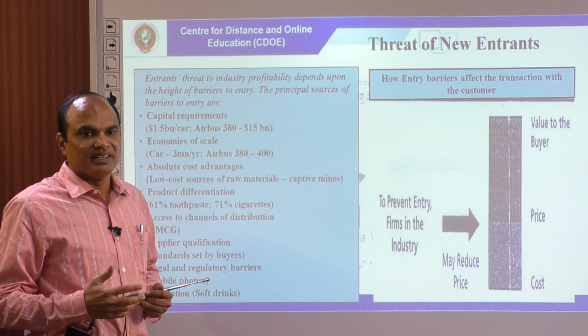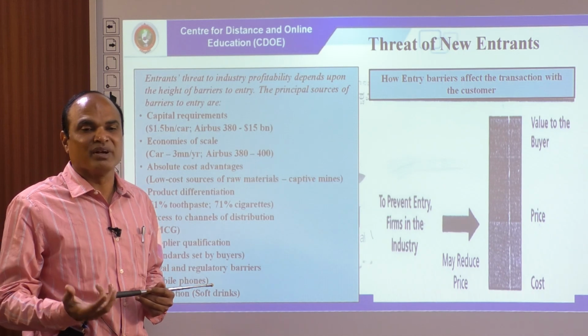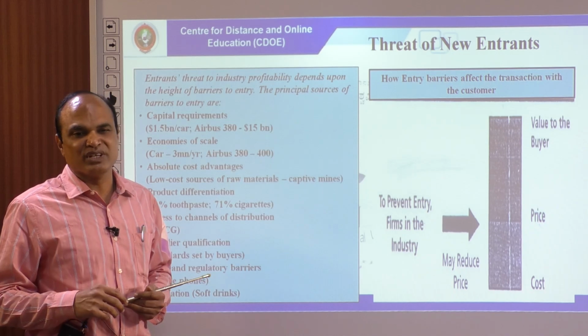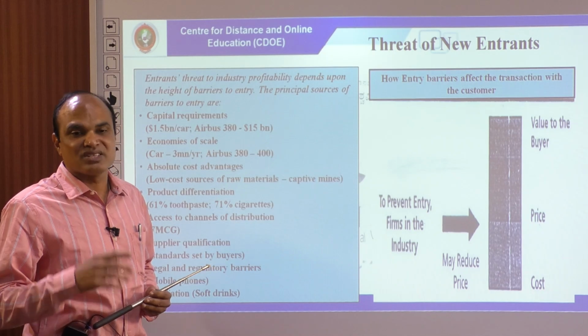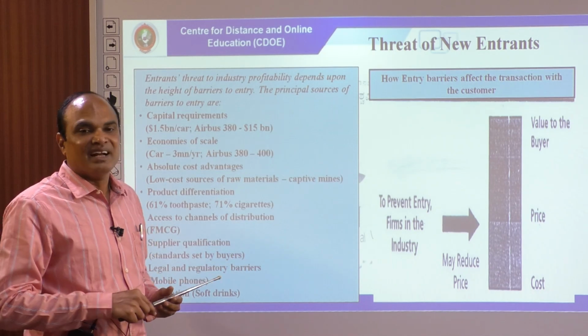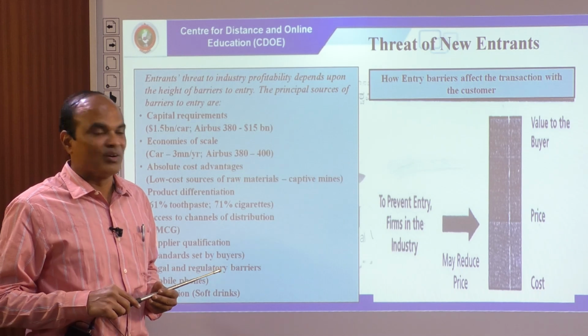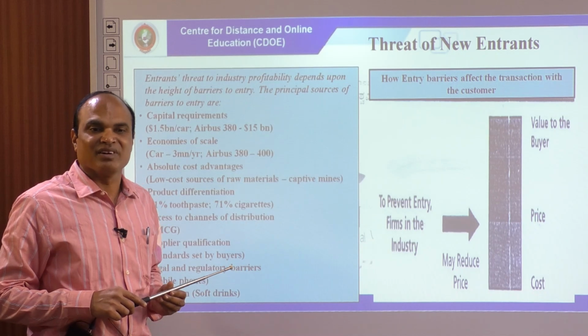They enjoy absolute cost advantages compared to other steel makers, because they have acquired captive mines that they use only for producing their own steel, rather than depending on a third party iron ore supplier, where it is very difficult to achieve that kind of cost advantage.